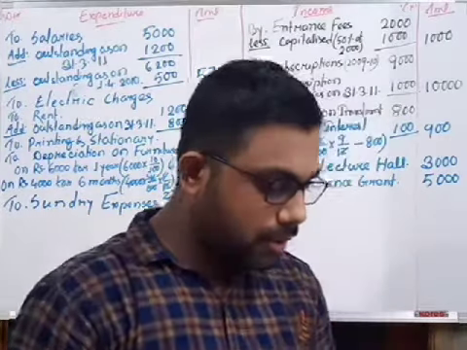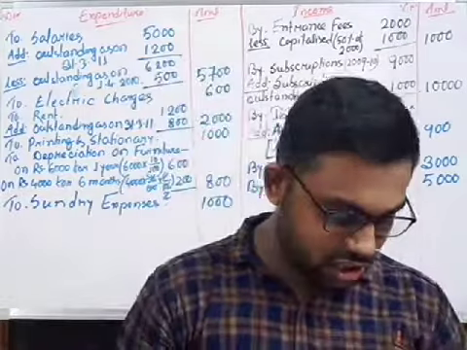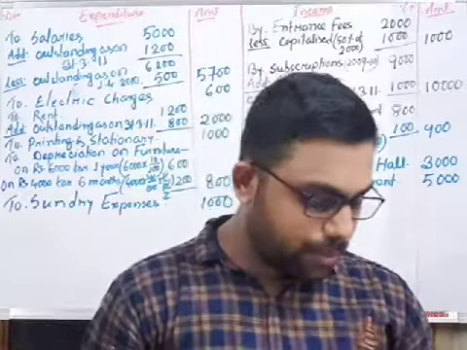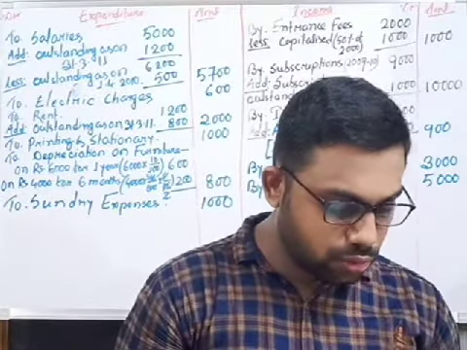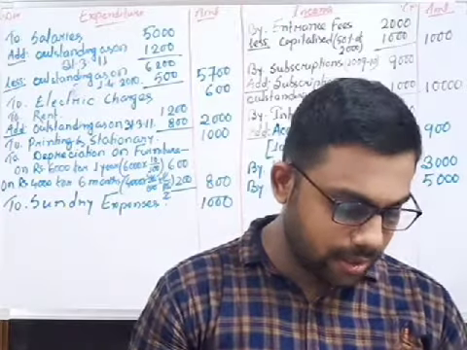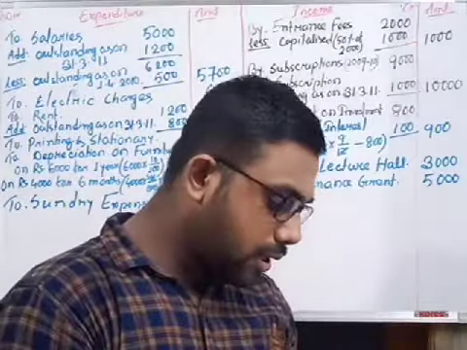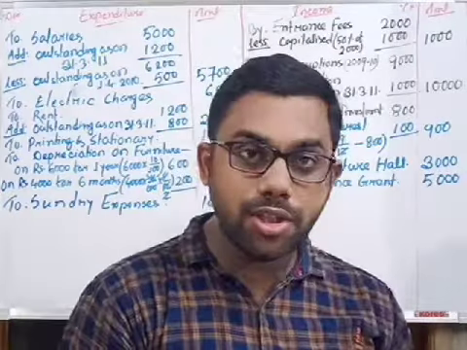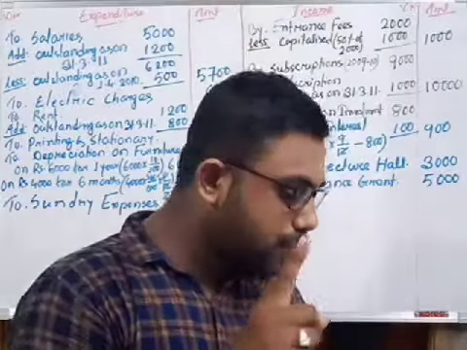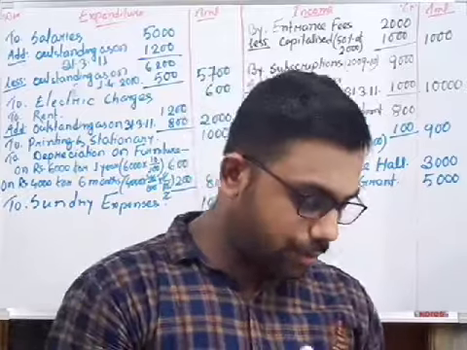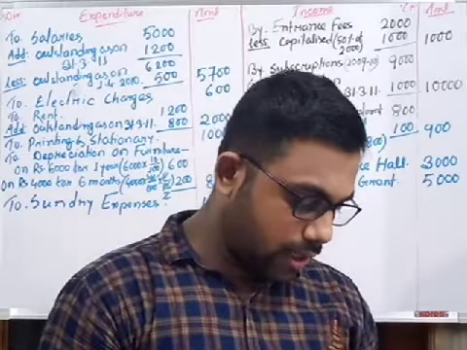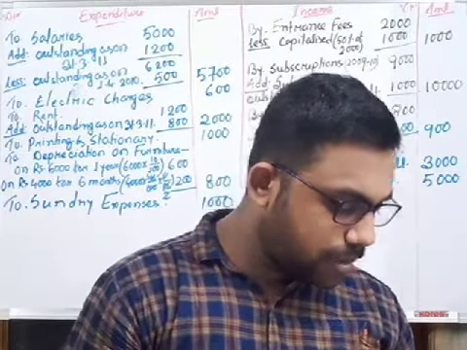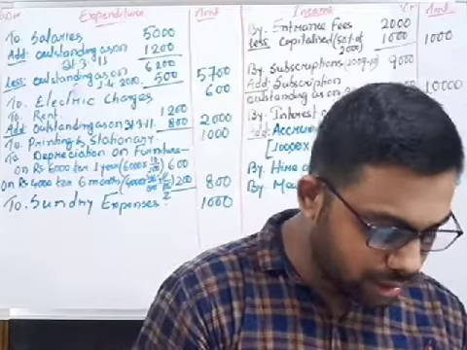Okay, these are the information we find on the payment side. Now we have to check whether we have covered all the adjustments or not. On 31st March 2011, rent and salary outstanding 800, 1200, that we have already put. Subscription we have already done. Furniture is to be depreciated by 10%, that is on rupees 4,000 for 6 months and rupees 6,000 for the whole year. Next, on 1st April 2010, the club possessed furniture worth rupees 6,000.